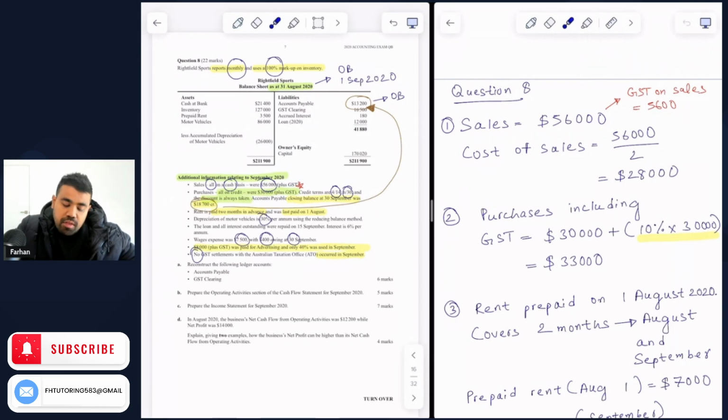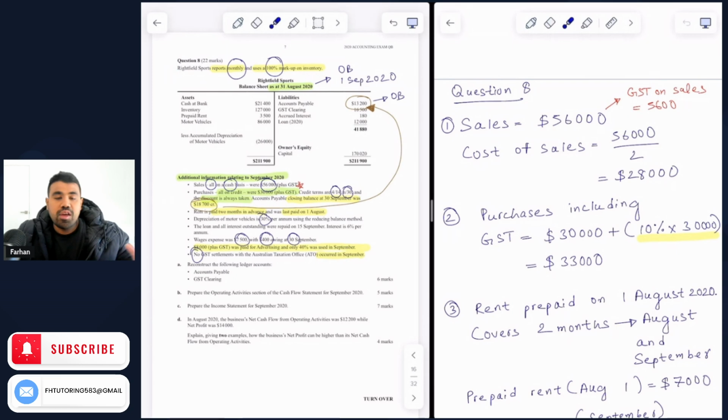Then you can see that I have calculated the cost of goods sold, and I simply divided the sales of 56,000 by 2, and that gave me $28,000 as the cost of goods sold. This was done on the basis of the first line of the question, which explicitly mentions that the business uses 100% markup on inventory. 100% markup on inventory simply means that sales is double the amount of the cost of goods sold.